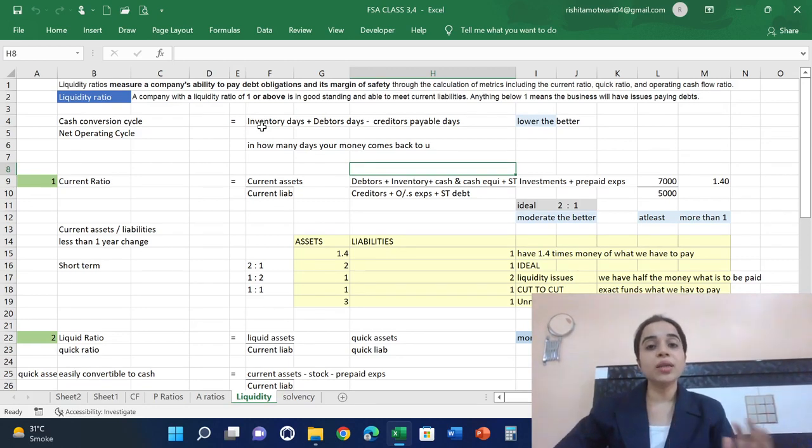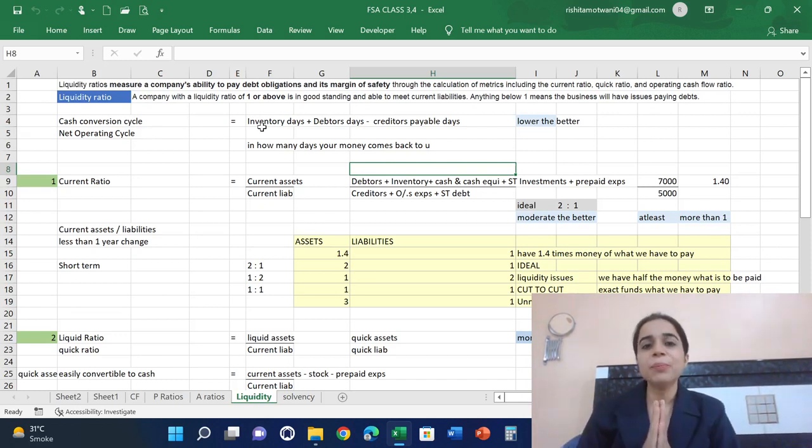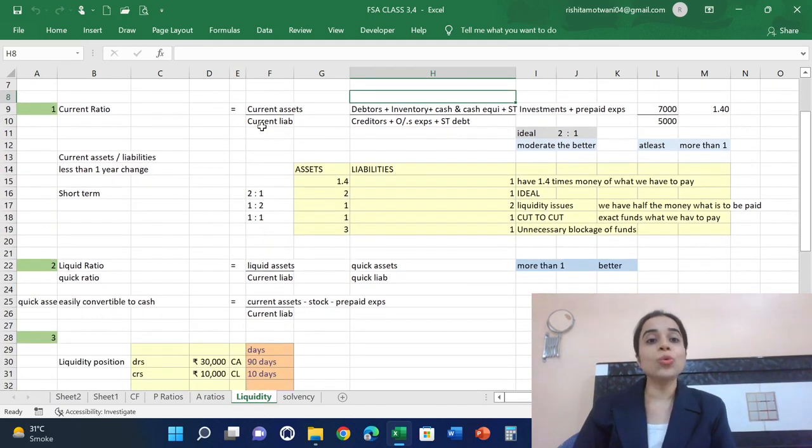That means the company does not have the ability to pay. It would face liquidity issues at the time of repaying. But if the answer is above 1, that means the company has a better standing to meet its liabilities. Fair? So let's begin with understanding what the current ratio is.